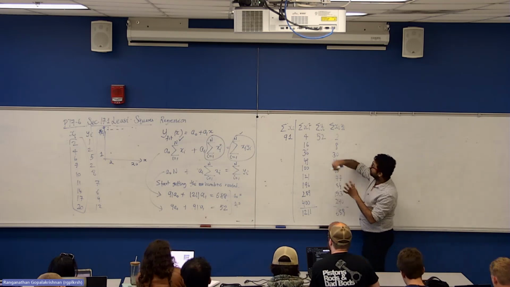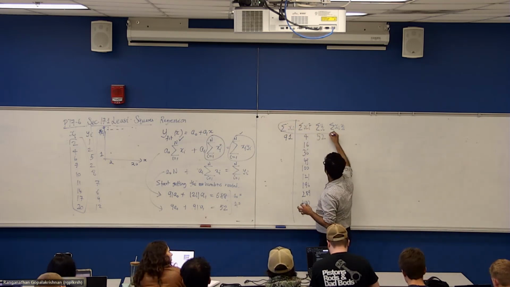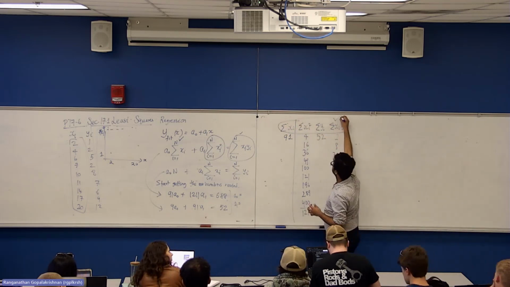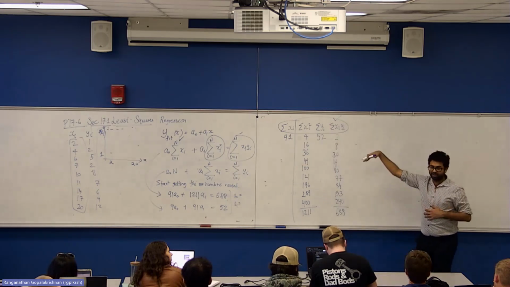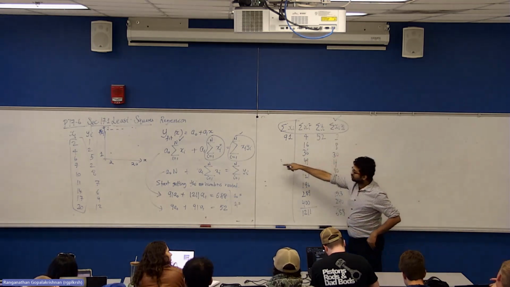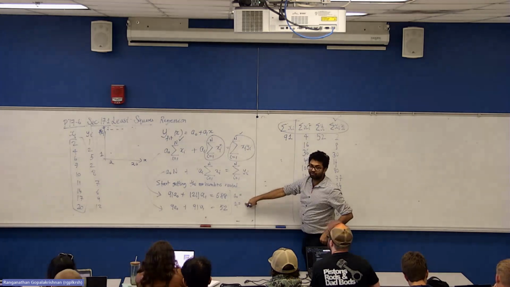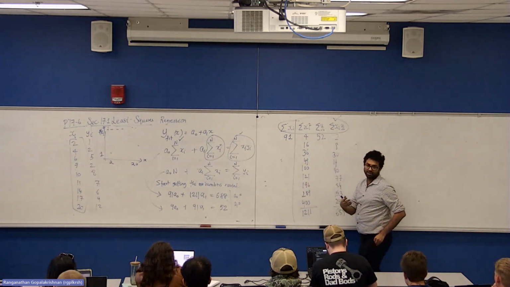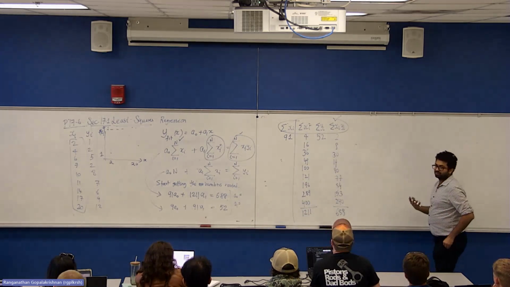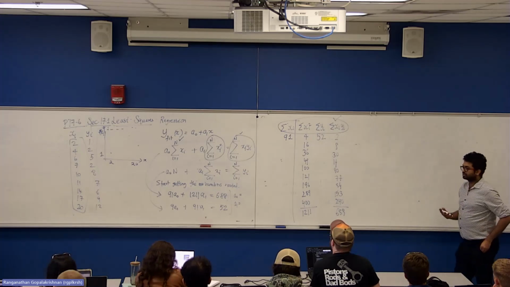I will provide you all the numbers you will need, and you will have to use the formula correctly, get here, and solve for A naught and A1 using your calculator. You don't have to go through Gauss Seidel or anything. You just use your calculator.